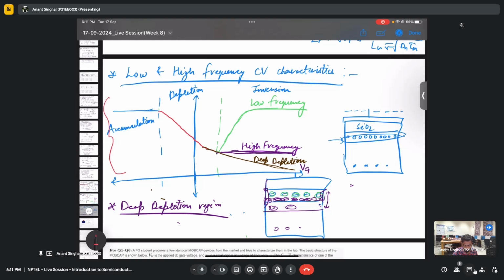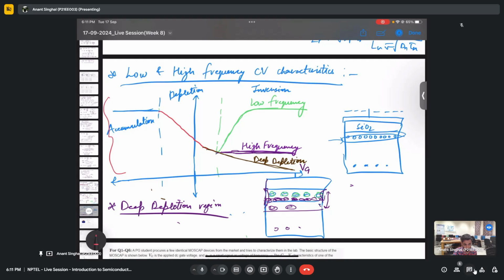No guesses? It is very easy. It will just invert with respect to the y-axis, right? PMOS is negative voltage. So accumulation will come on the right side and the depletion and the inversion will come on the left side. Does it make sense?